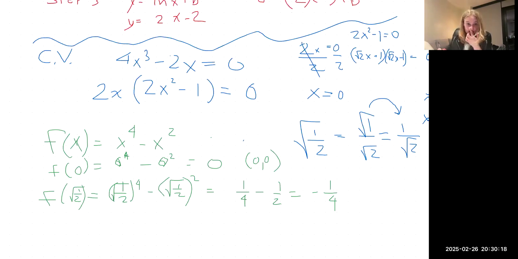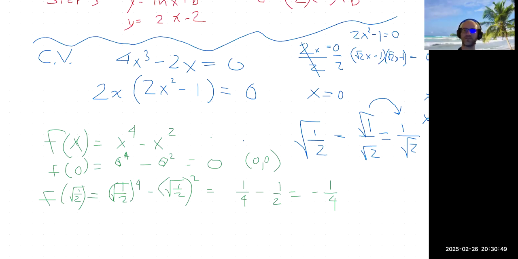Oh, it's plus or minus though, or it doesn't matter. It is, I'm just making sure I get the same thing he gets. So it'll come out to -1/4 if you do this with a positive square root of 1 over 2. And you'll get exactly the same thing if you substitute in a negative square root of 1 over 2. So either way, plus or minus, it ends up giving you -1/4 as the result.